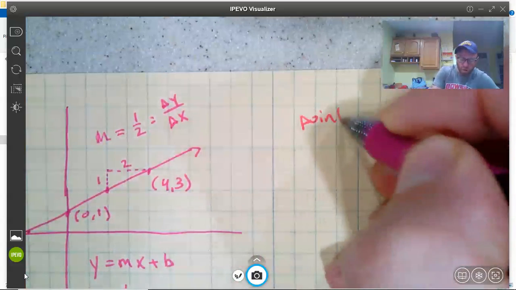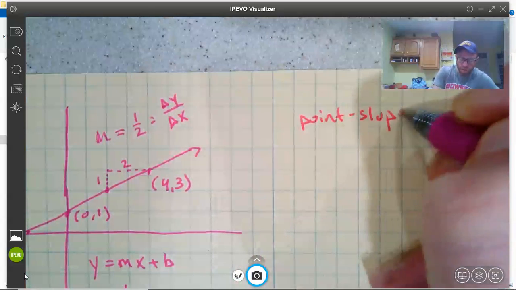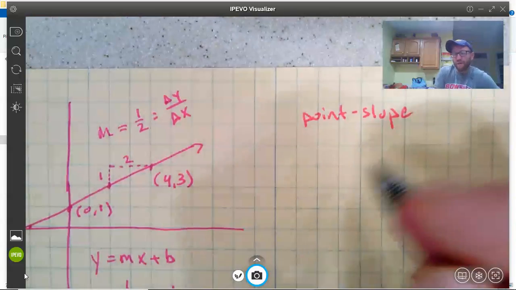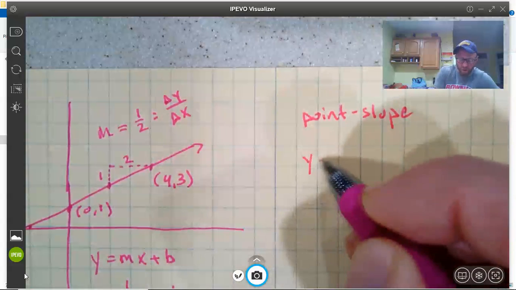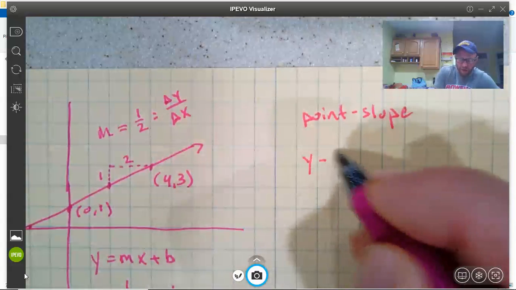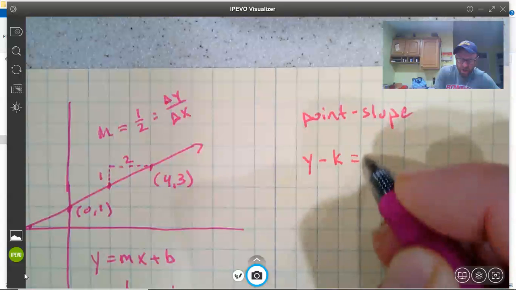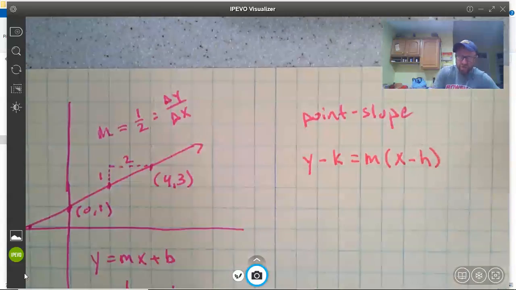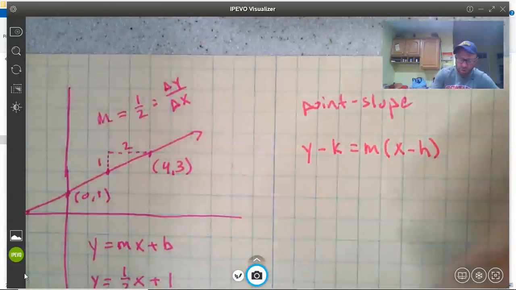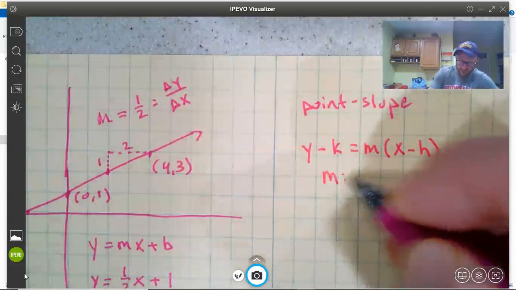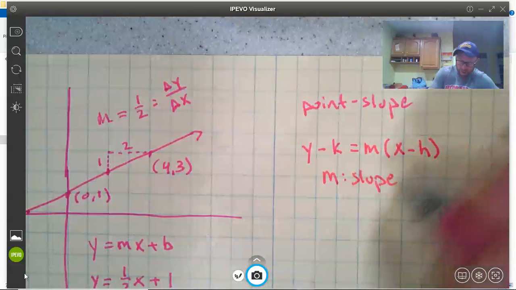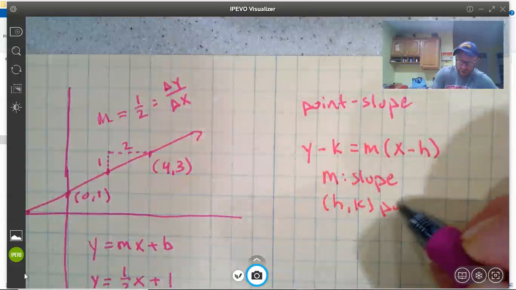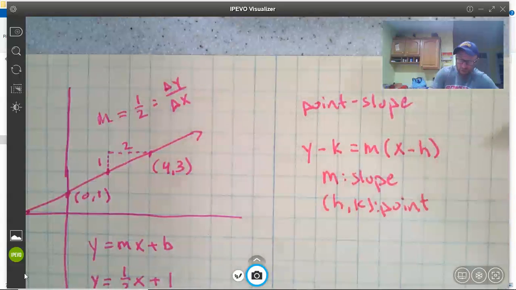So, point-slope form. The point-slope form can be written in a number of different ways. Here's one example: y minus k equals m times (x minus h). There's one common form. This is when m is the slope and (h, k) is the point.